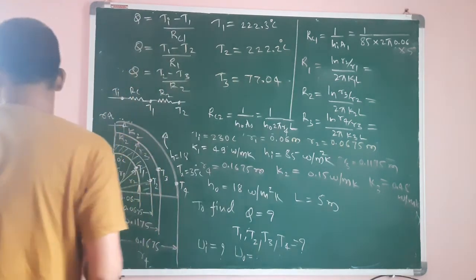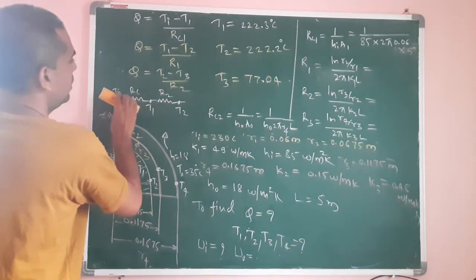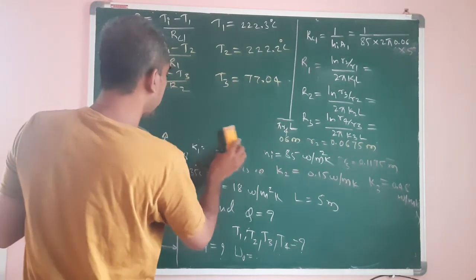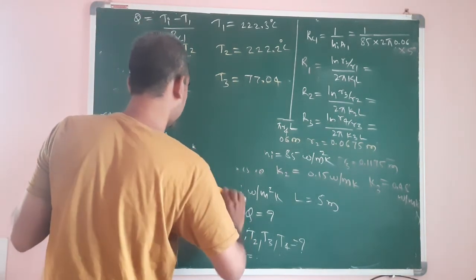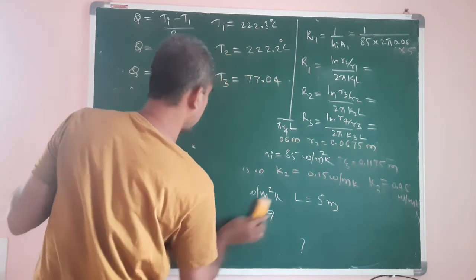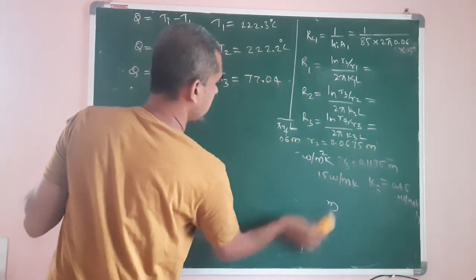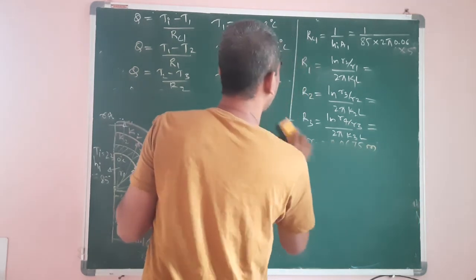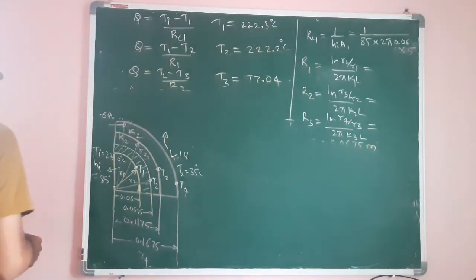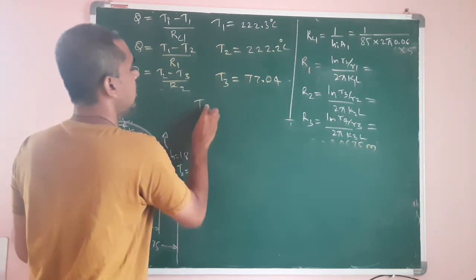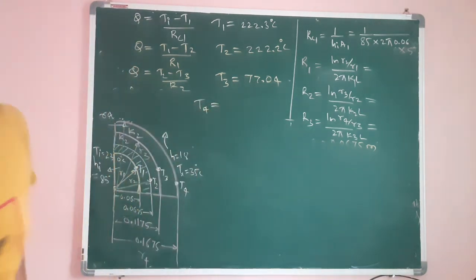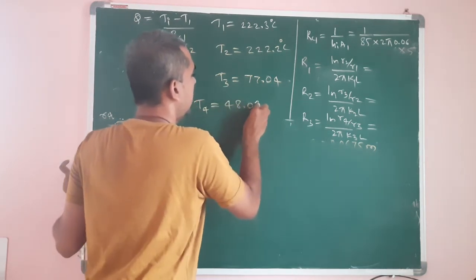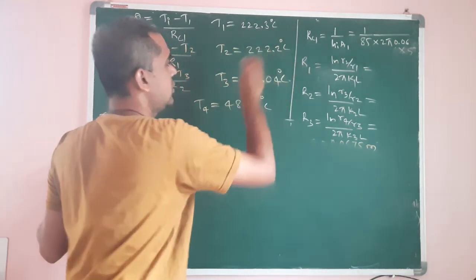In the similar way, if you calculate, you will get T4. We have calculated the interface temperatures and we have calculated the heat transfer. In the similar way, you will get T4 as 48.03 degrees Celsius. All are degrees Celsius only.